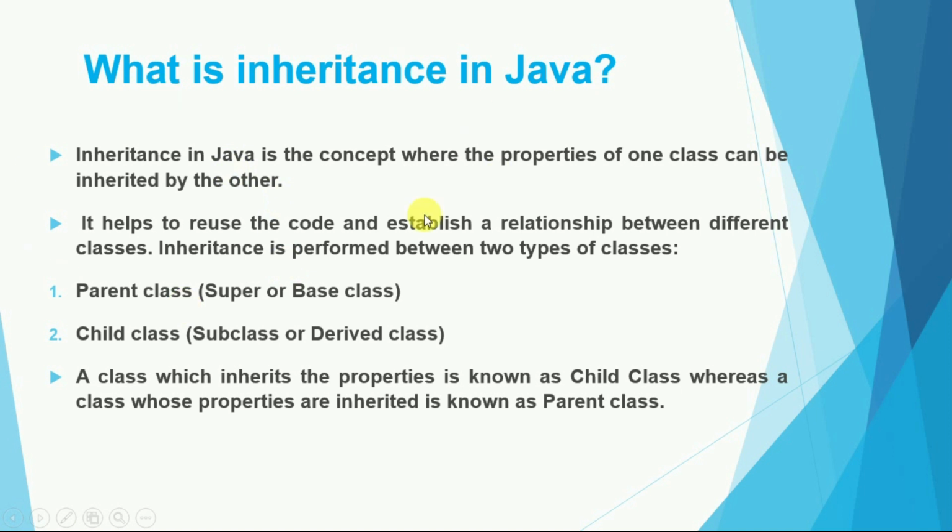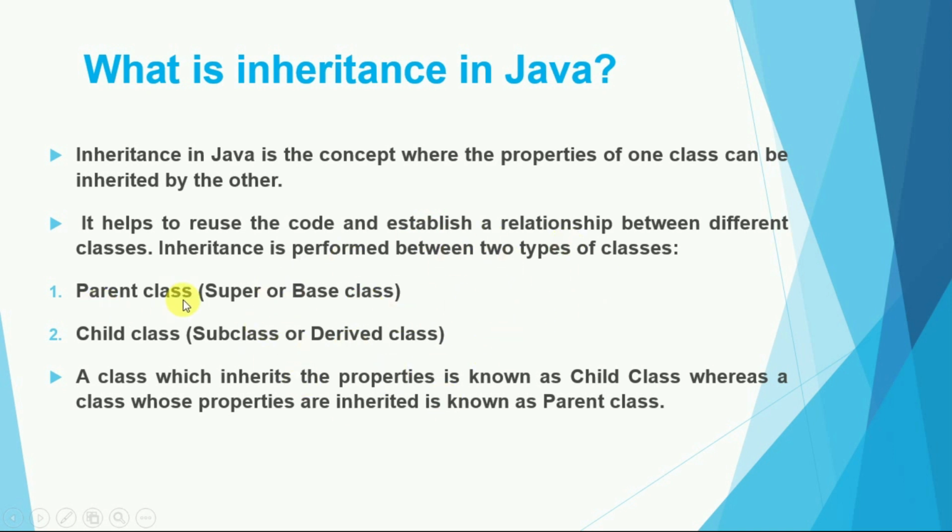Okay, I hope you understood. So what is inheritance in Java? You already know about inheritance. There is a child-parent relationship, where the properties of one class can be inherited by the other, and it helps us to reuse the code. If an interviewer asks what the actual purpose of inheritance in Java is, you can say it helps us to reuse the code and establish a relationship between different classes. We perform inheritance between two types of classes.